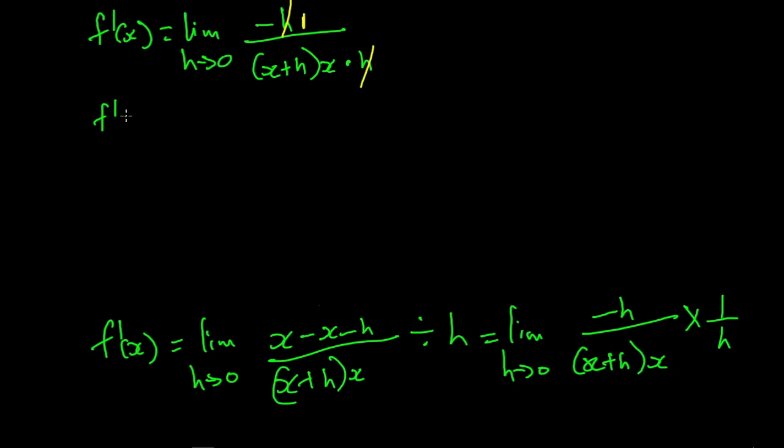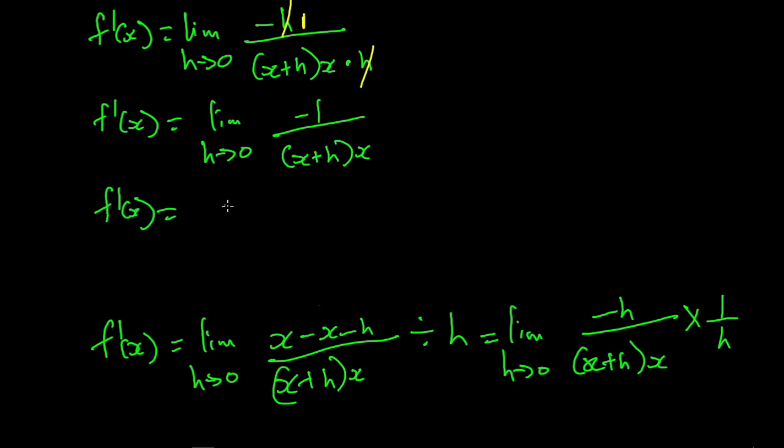f prime of x is equal to the limit as h approaches 0 of negative 1 all over x plus h multiplied by x. Now, to remove this limit, we replace every h in our expression with 0. So f prime of x will be negative 1 all over x plus 0 multiplied by x.